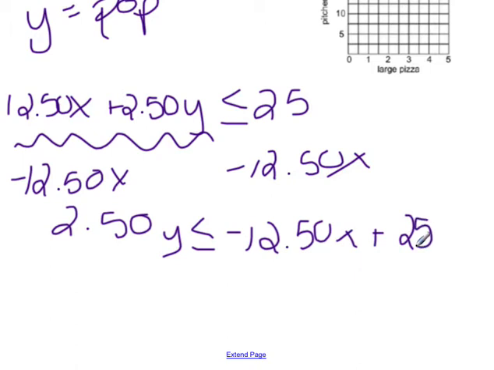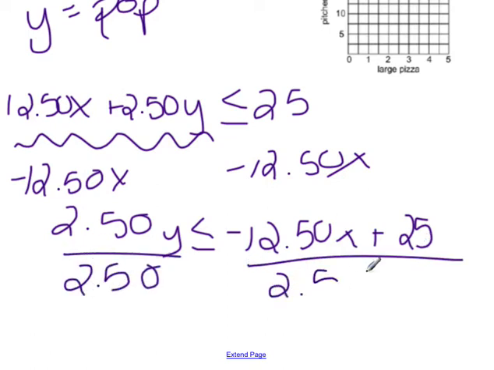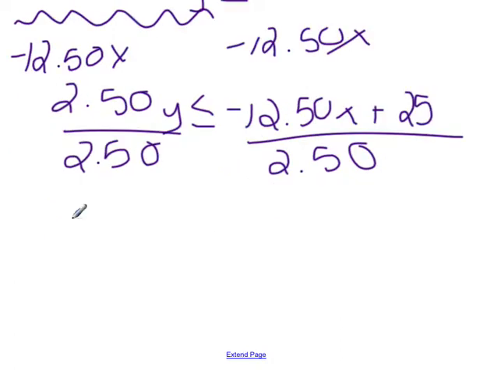So now, in order for us to solve for the y, notice that the 2.50 is being multiplied by the y. So I'm going to go ahead and divide both sides by 2.50. So then I end up getting that y is less than or equal to negative 12.50 divided by 2.50, which is going to give me negative 5x. 25 divided by 2.50 is going to give us 10.